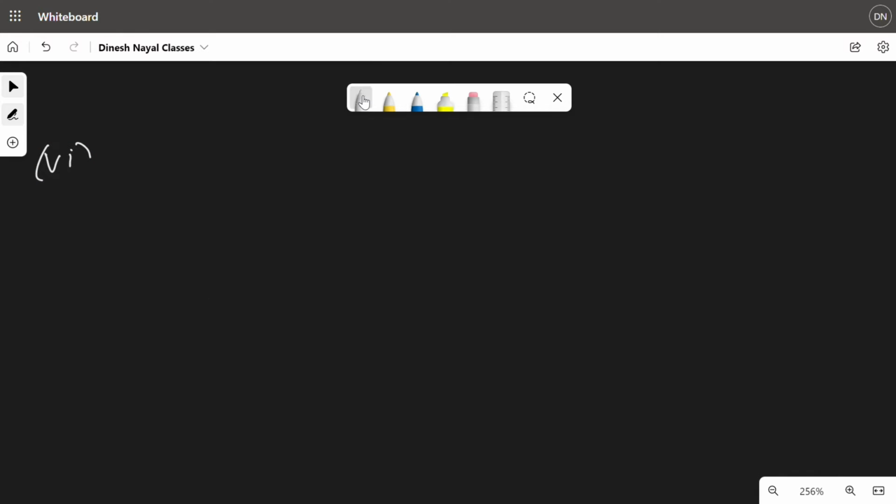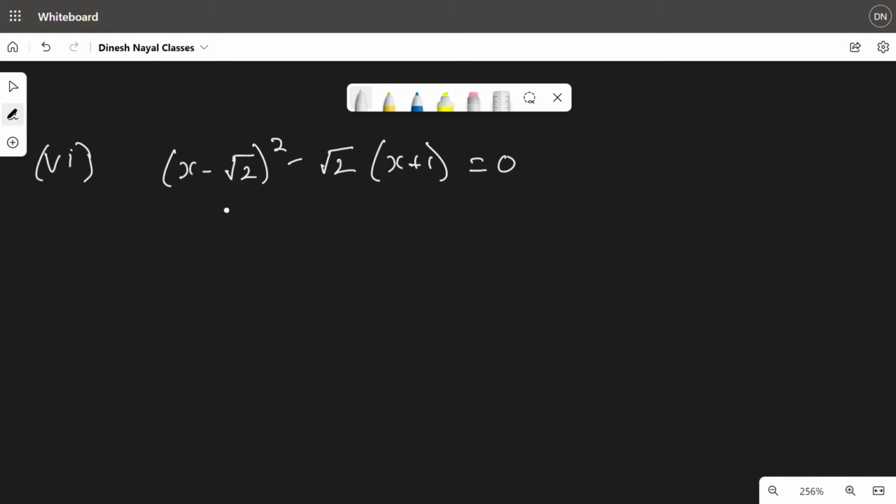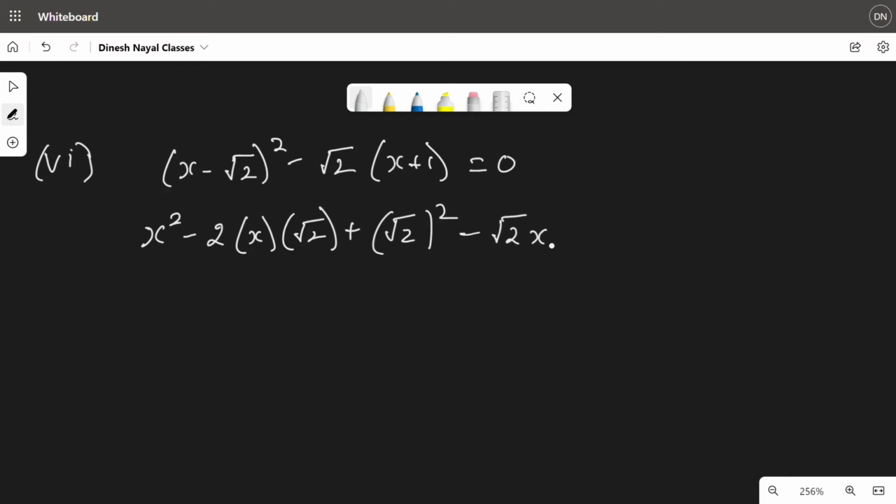Now applying the identity (a minus b) whole square, this is x square minus twice of ab, 2 into x into root 2, and then plus root 2 square, minus root 2x, and this will be minus root 2 equals 0.